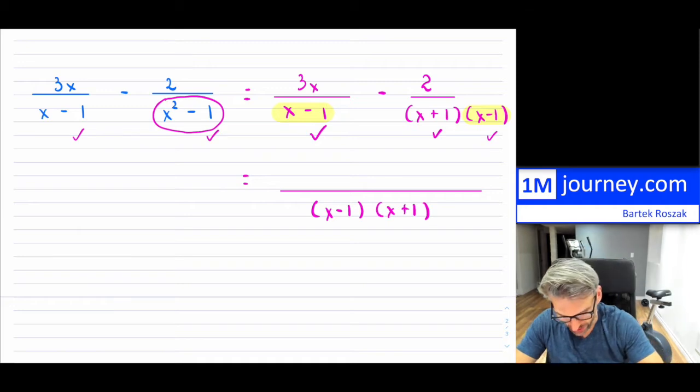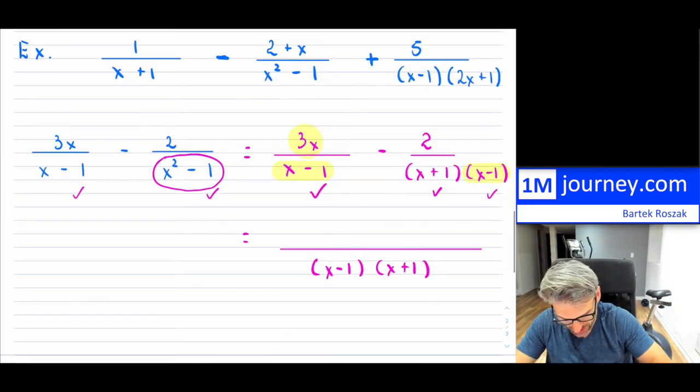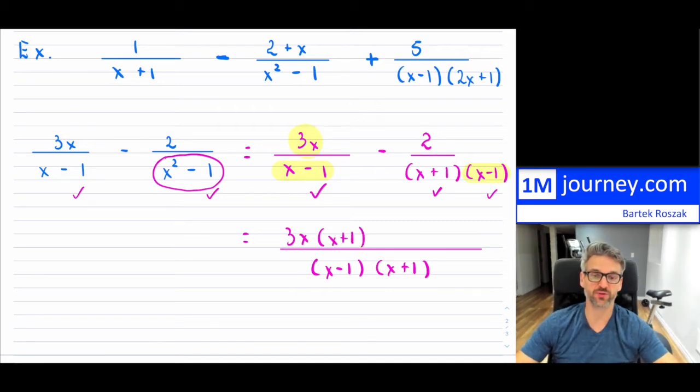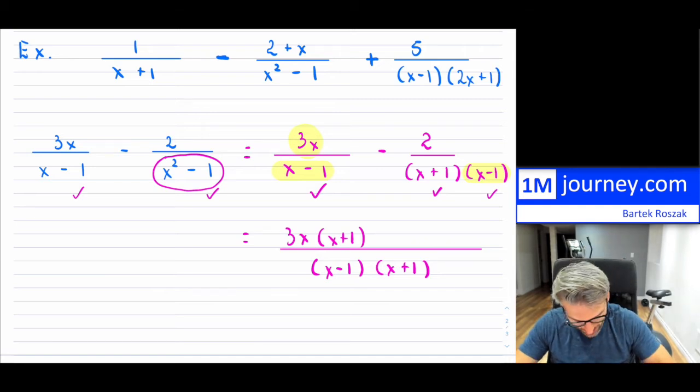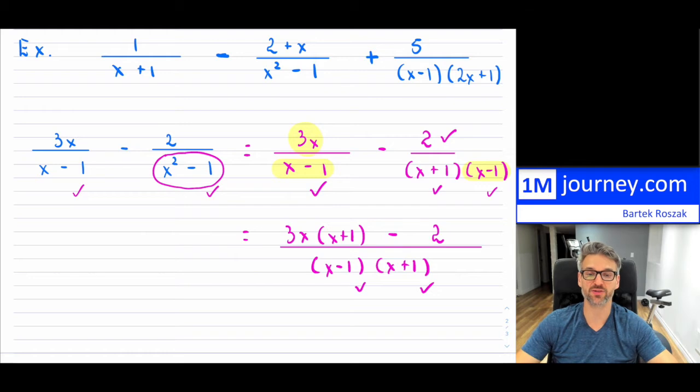Now, for here, I have 3x, and that 3x is going to stay right here. And what did I change? The only thing that I changed is now I have the x plus 1 factor, which I added to my denominator, and that's just multiplying. Minus, now I don't have to do anything here because the denominators are identical as they were. So this is just going to stay as minus 2.